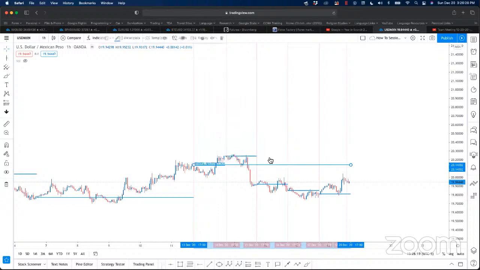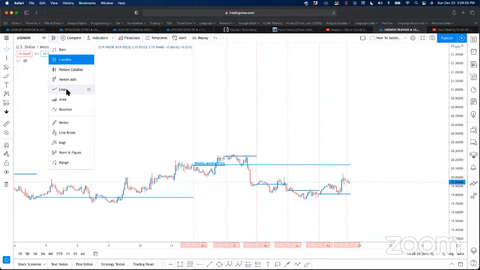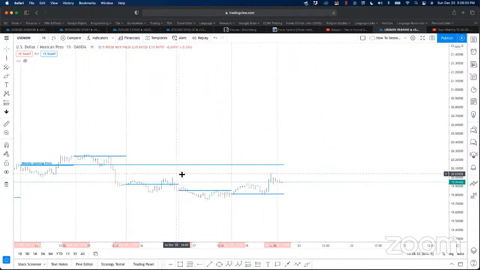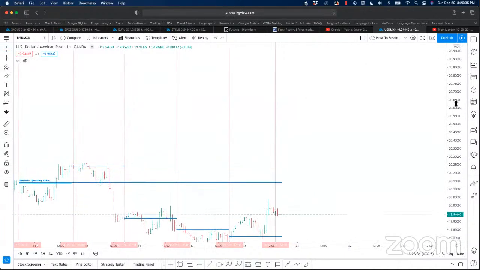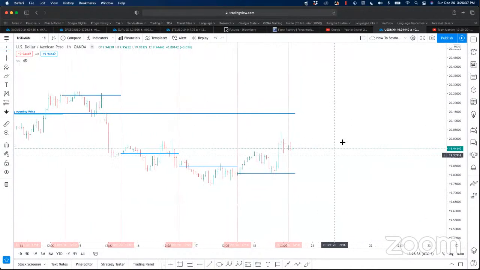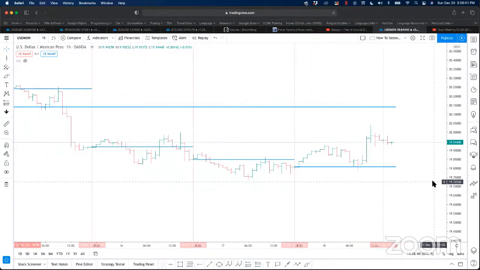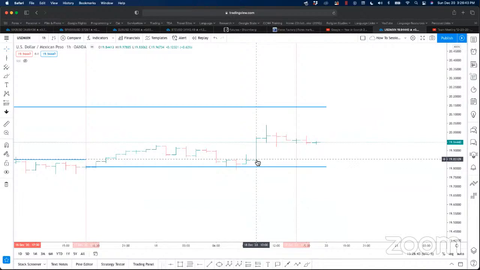If you understand how a bar candle looks, you zoom in, some of you may not have seen one of these before, but this is where it opened.